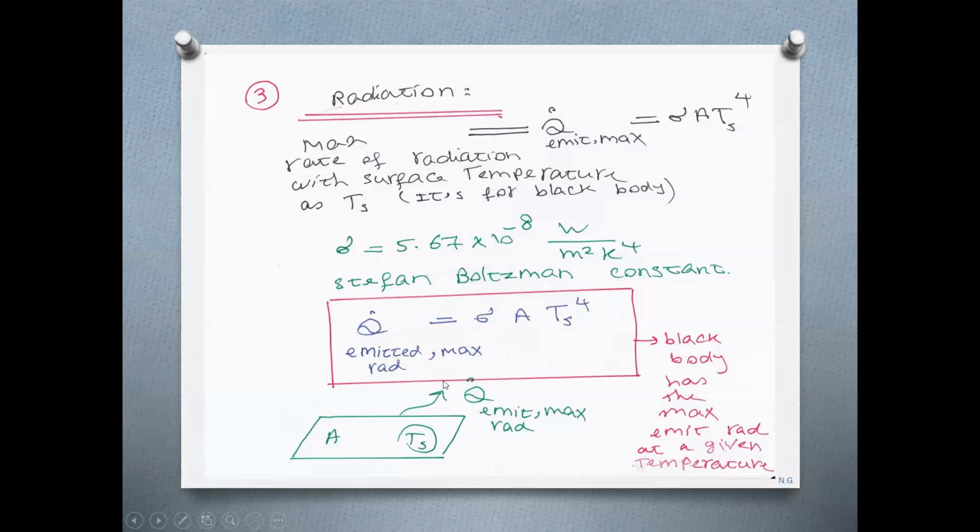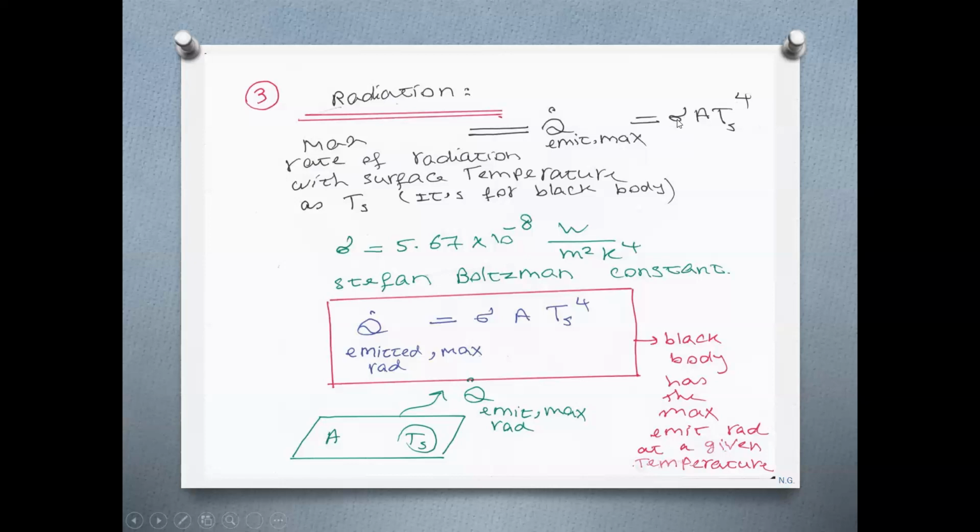The maximum emitted radiation, which is a rate of heat transfer, from a body with surface temperature Ts is sigma A Ts to the power of 4.